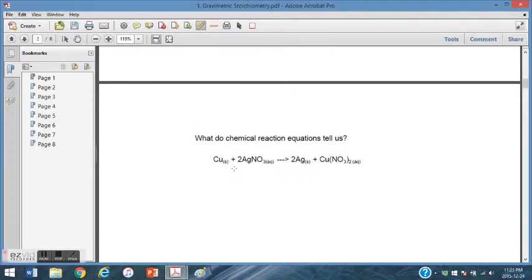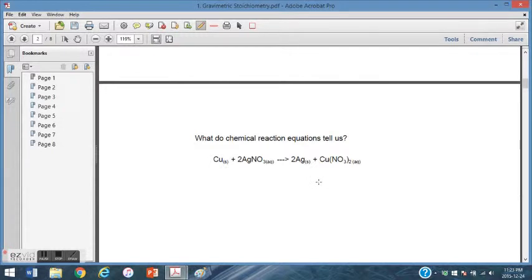Now this chemical equation, what you will notice with it is that it has copper as a solid metal. It's got silver as a solid metal as a product. If you had to classify this equation, you would find out that it is indeed single replacement. Okay.